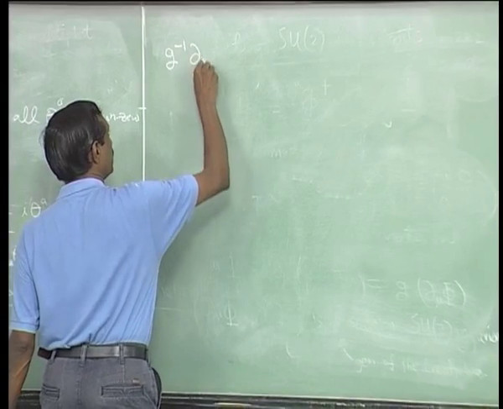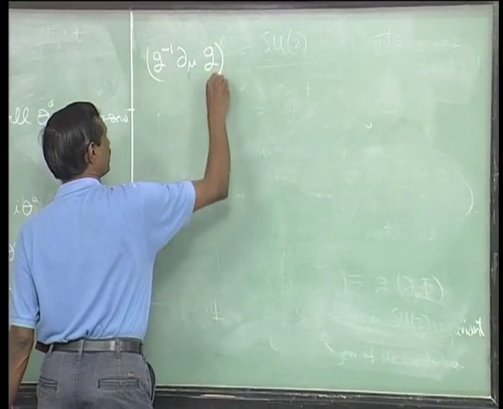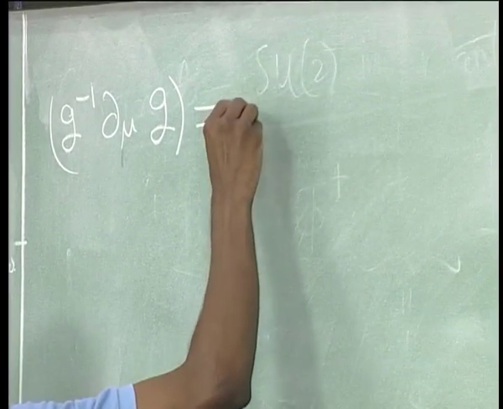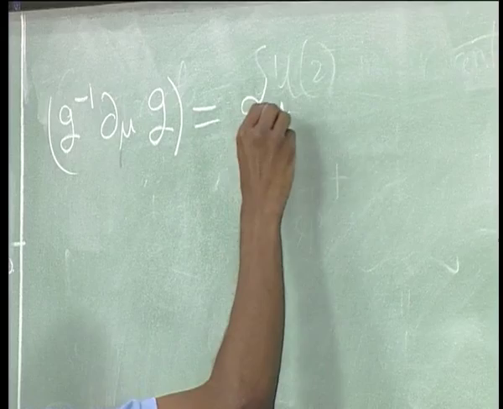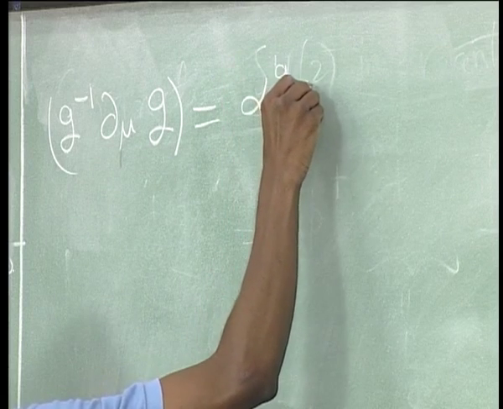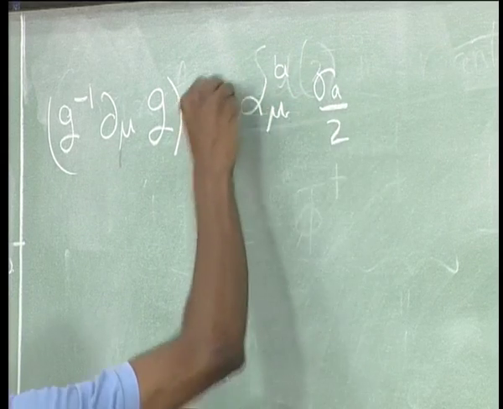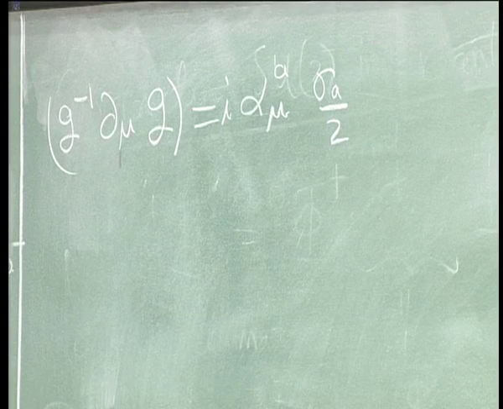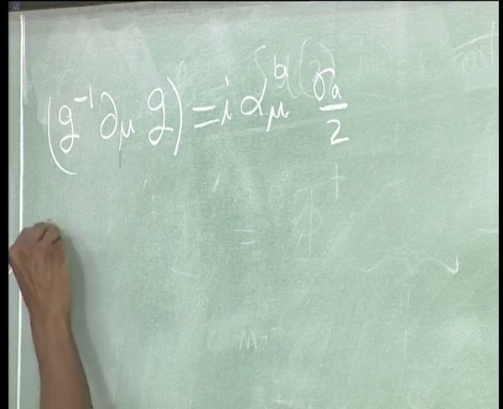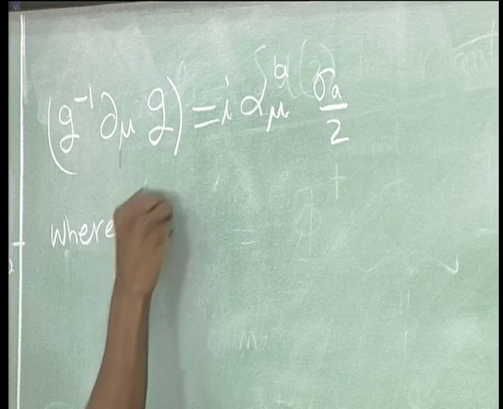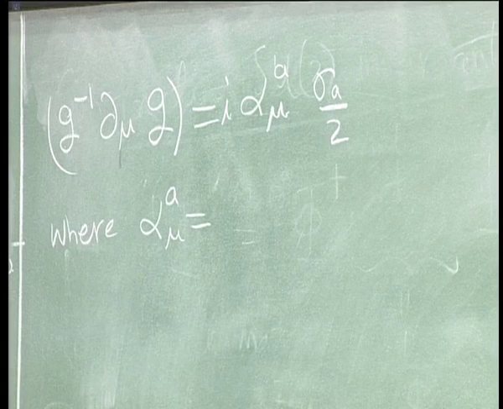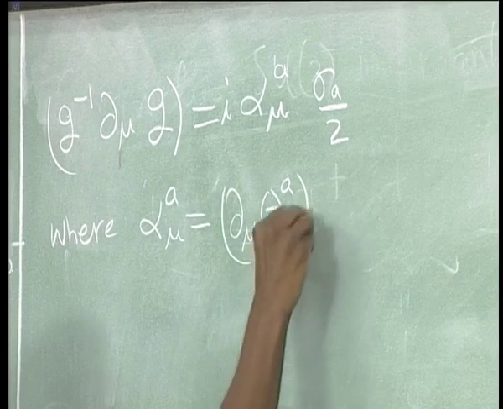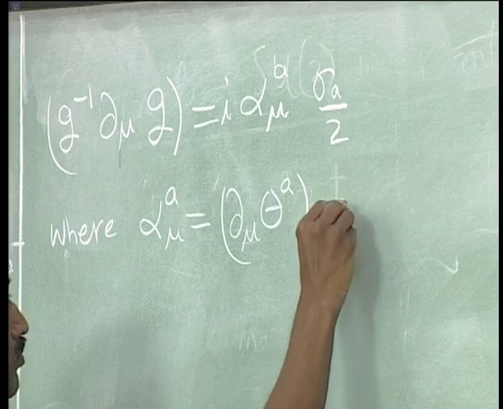G inverse d mu G will be some object which can be expanded as some, let us call it alpha mu, which is some complicated thing, plus order theta square.